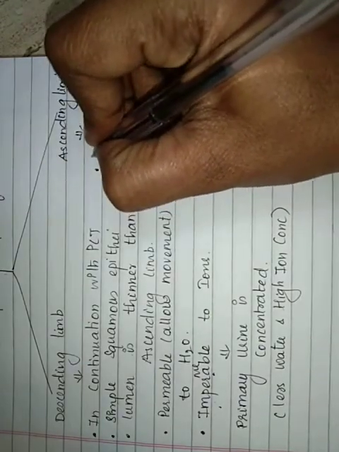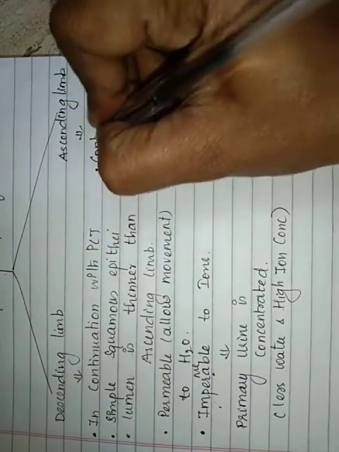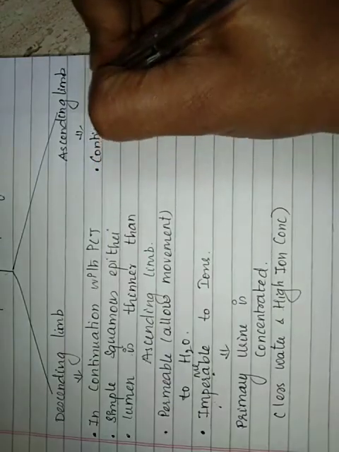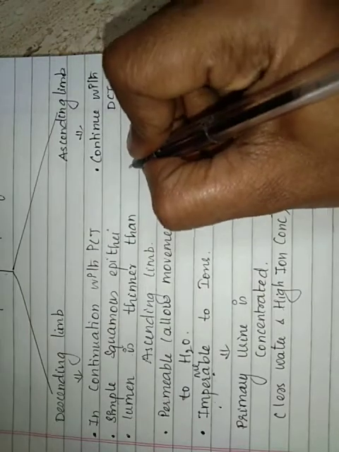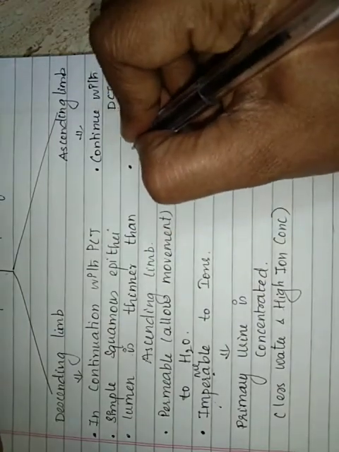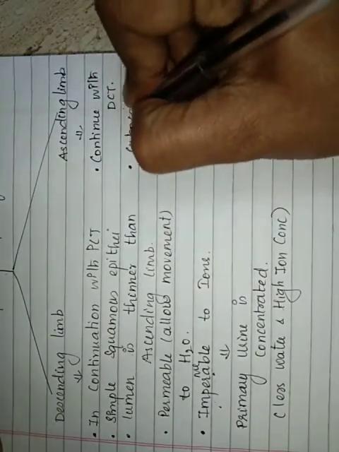Ascending limb, it is going to be in continuation, or it is going to continue with the DCT, and it is made of cuboidal epithelial cells.